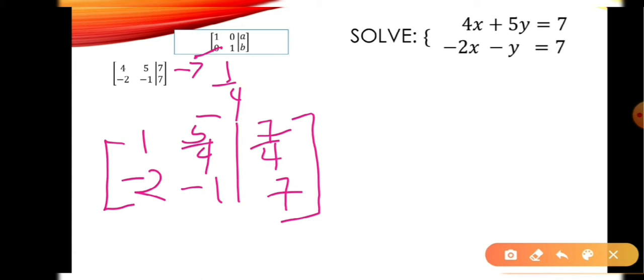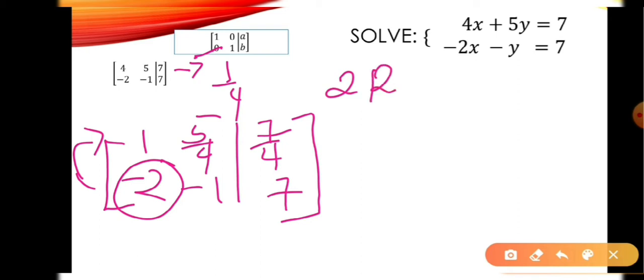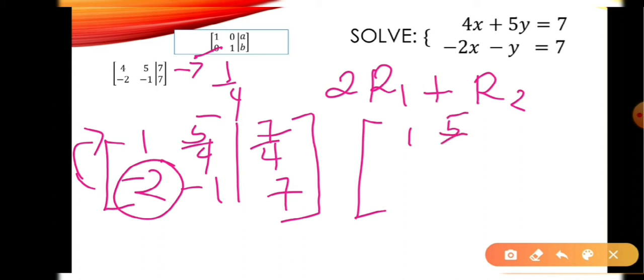How are you going to make negative 2 to 0? Just multiply your row 1 by positive 2, then add row 2. So it can be represented by 2 times row 1 plus row 2. Just rewrite 1, 5 over 4, 7 over 4, then 1.